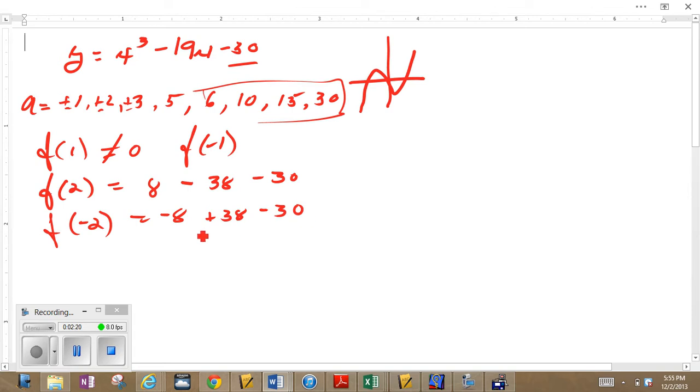So good, I've got it. This will equal 0. So we have an x value equaling negative 2. That's an intercept of negative 2, which implies x plus 2 is a factor.